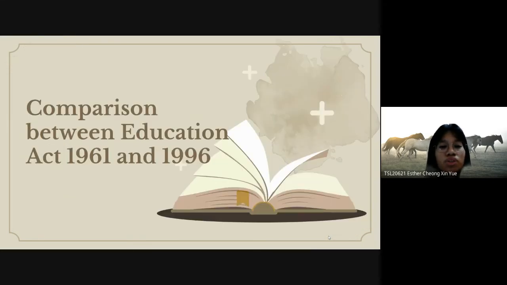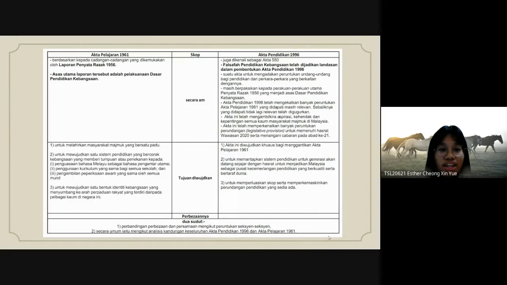So now I will show you the comparison between the Education Act 1961 and 1996. Education Act 1961 was based on the Razak Report 1956, and its main basis is the establishment of the national education system. Education Act 1996 was based on the national education philosophy, and replaced the Education Act 1961.